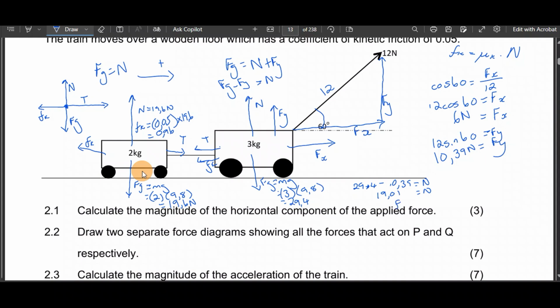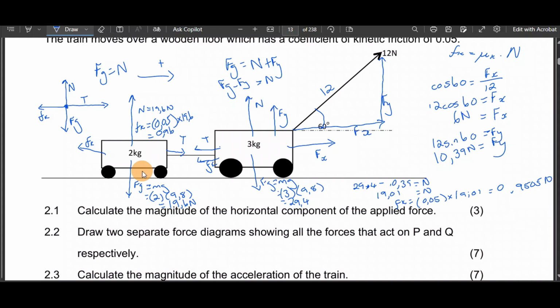Now to get the Fk, it's going to be the 0.05 times the 19.01, which is equal to 0.9505. I'm going to try not to round it off yet because we haven't gotten to our final answer, right?